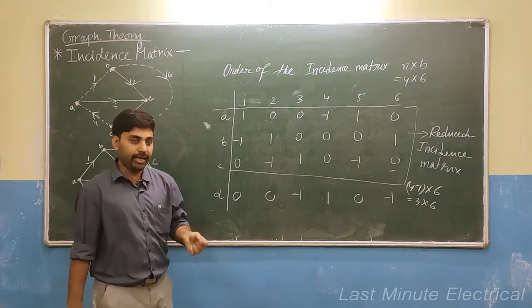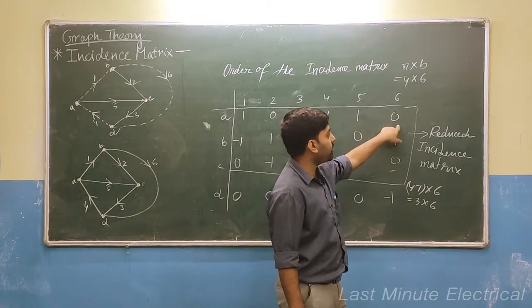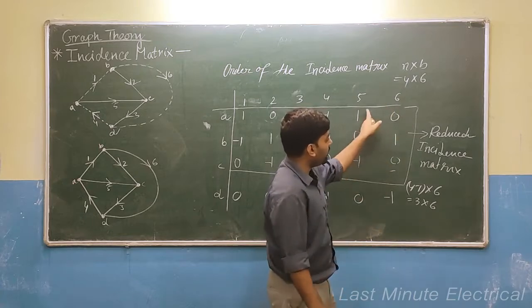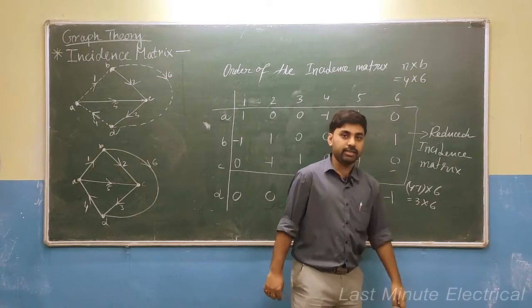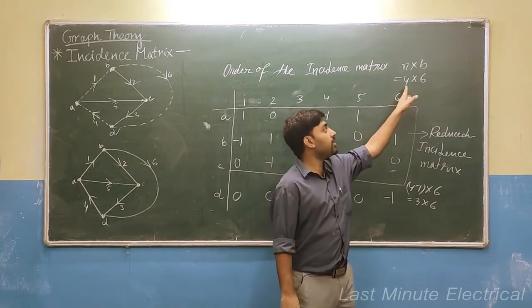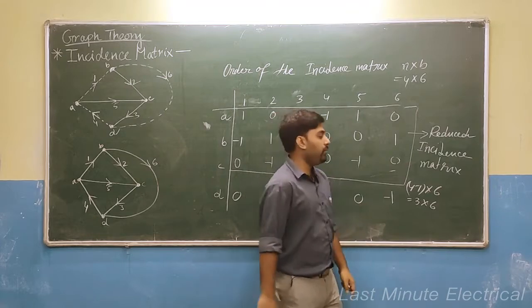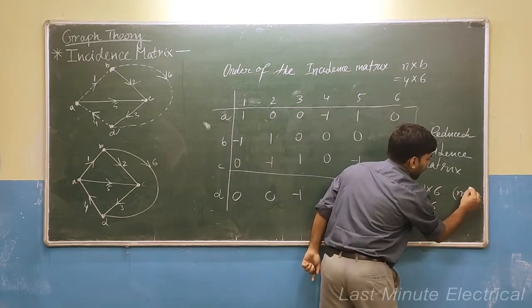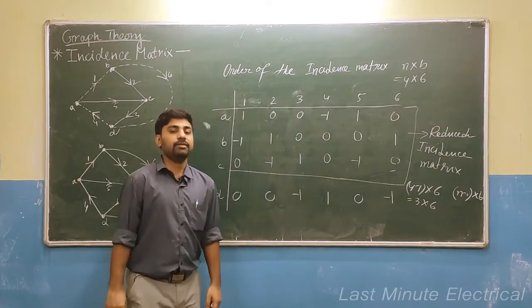In general I am telling, here the order of the incidence matrix is 4 cross 6, and for the reduced incidence matrix the order is 3 cross 6. In general the order of the incidence matrix is n cross b, the order of the reduced incidence matrix will be n minus 1 cross b. Okay, clear?